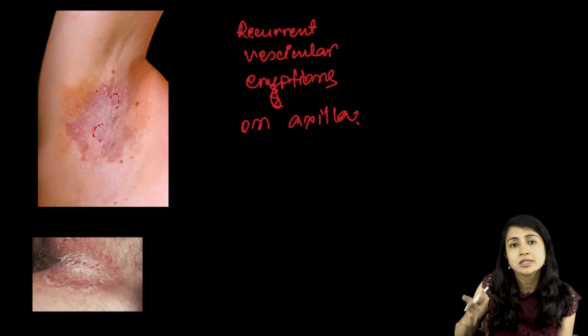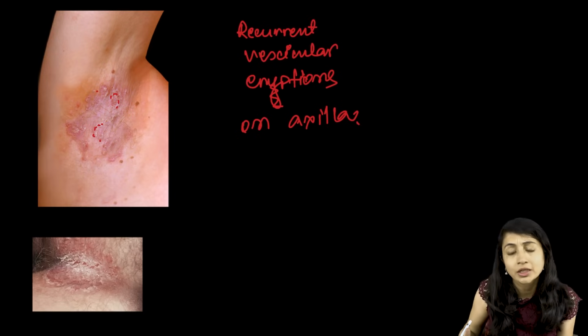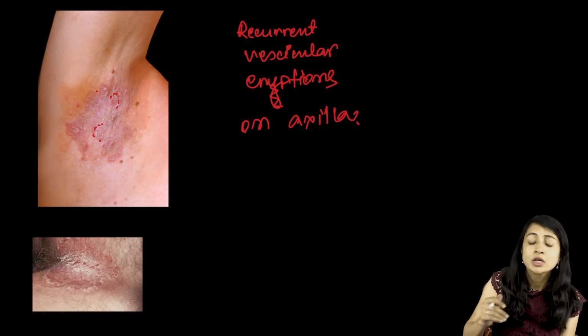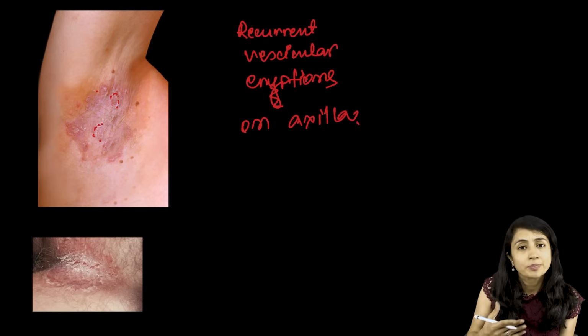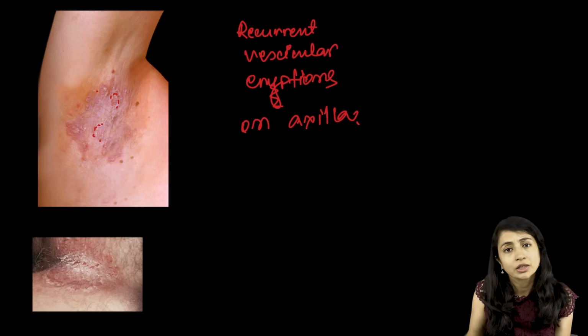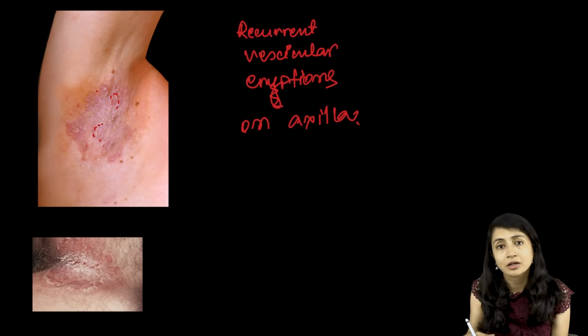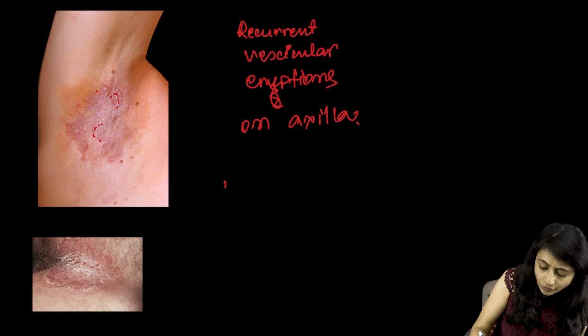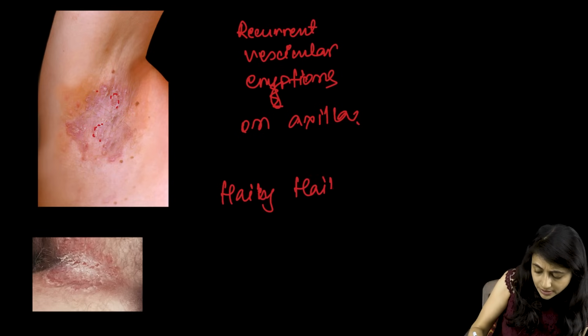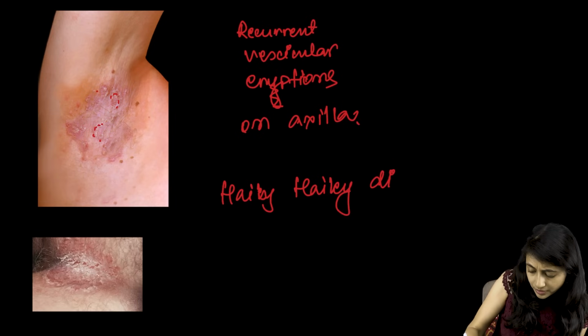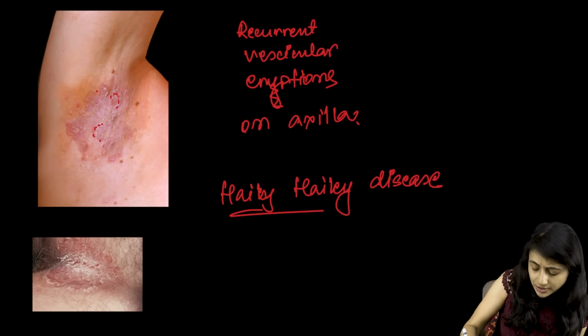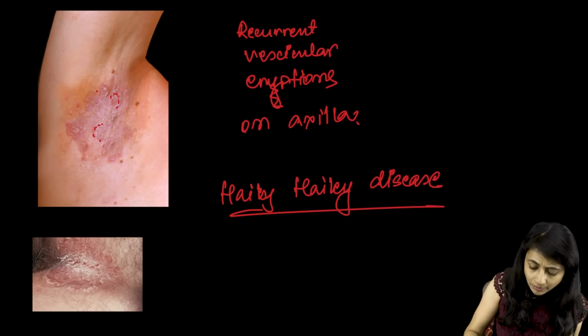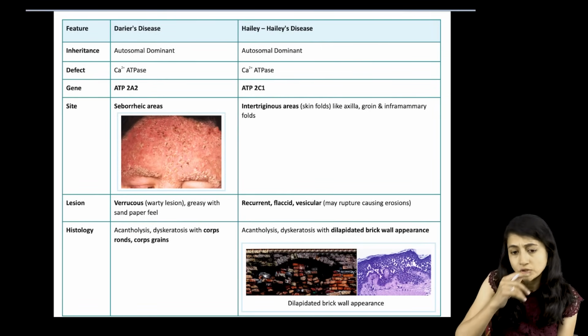So, when you see the term recurrent vesicular eruptions on underarms, or they can also say the patient applied multiple steroids or antifungal creams but the lesions keep recurring, please think of Hailey-Hailey disease.